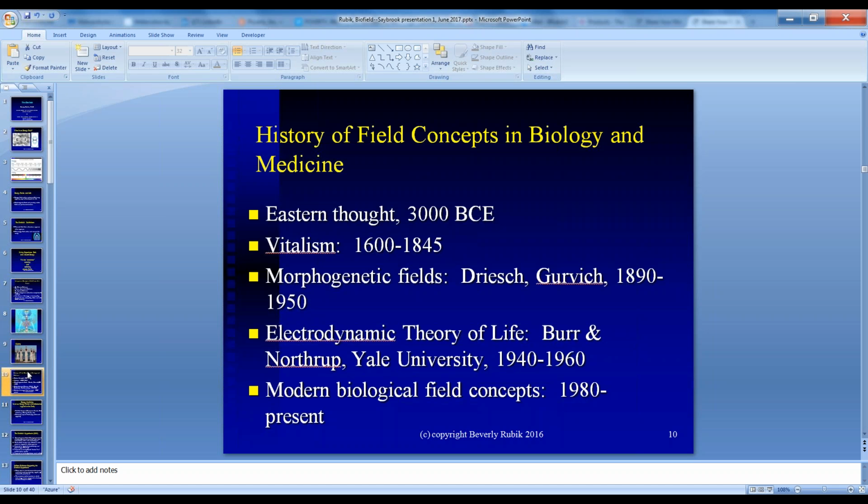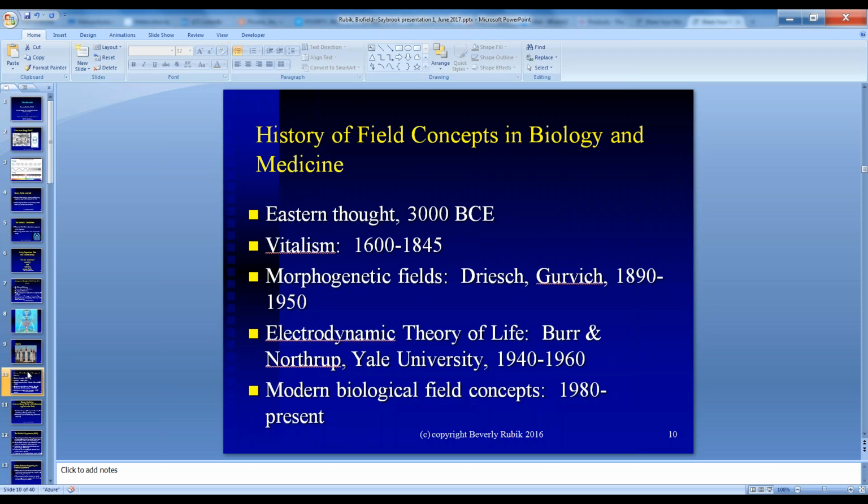But that came to an abrupt end in 1845 when a chemist synthesized the first biochemical in the laboratory. And then the growing science at that time said, well, I guess there's nothing special about life. So vitalism died. But nonetheless, there was always a way that the concept of a biofield was kept alive.